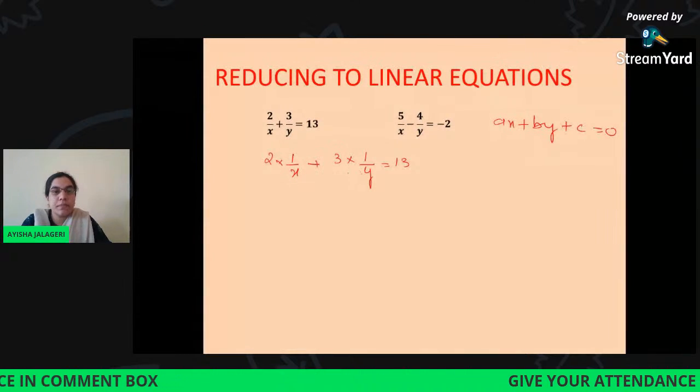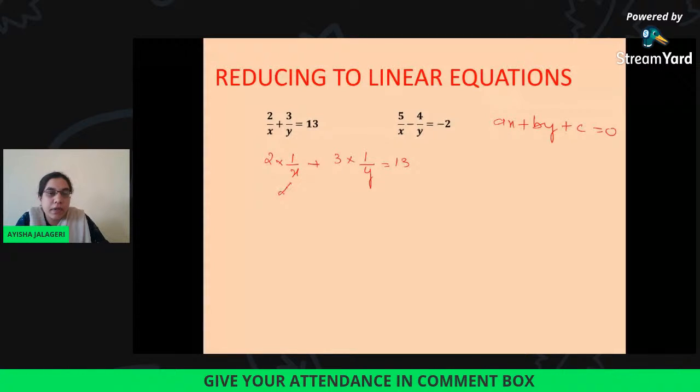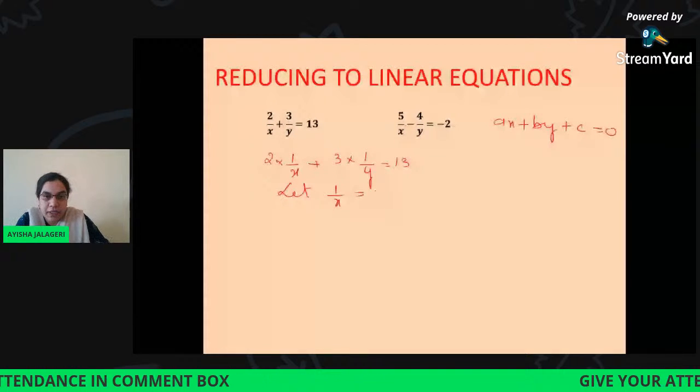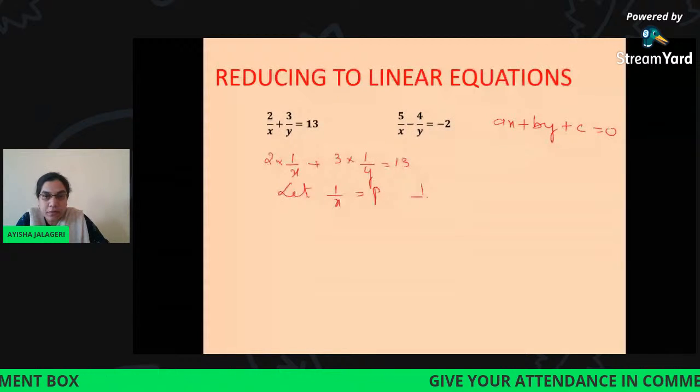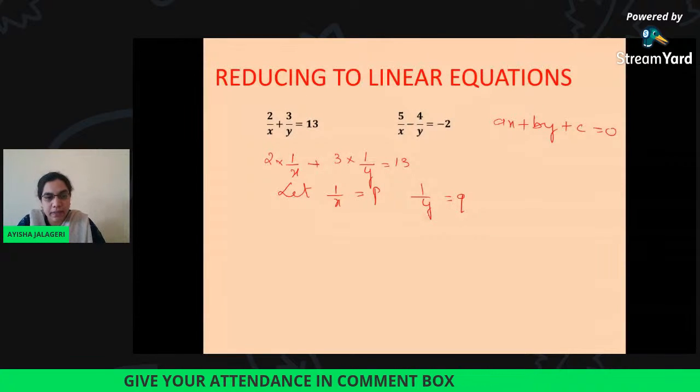If you split the given equation in this form, I can make an assumption: let 1 by x is equal to p and 1 by y is equal to q. Any other variable, you can consider.